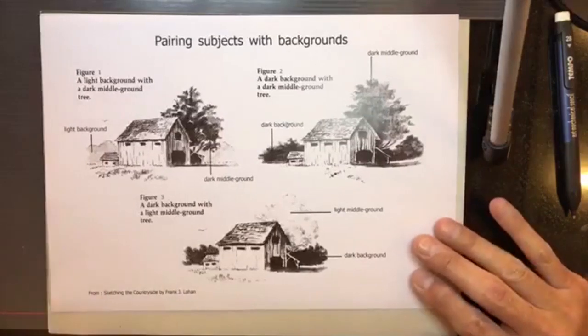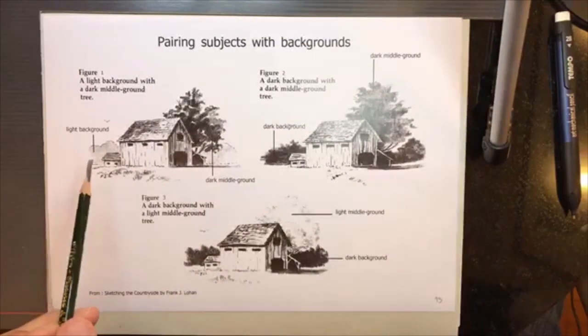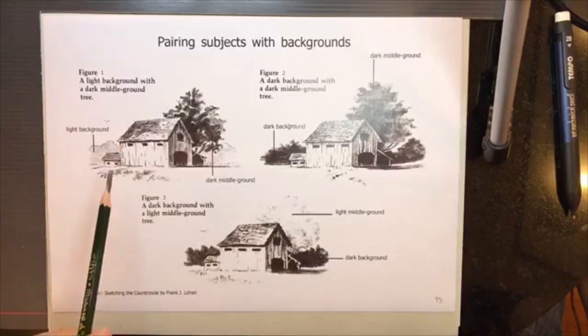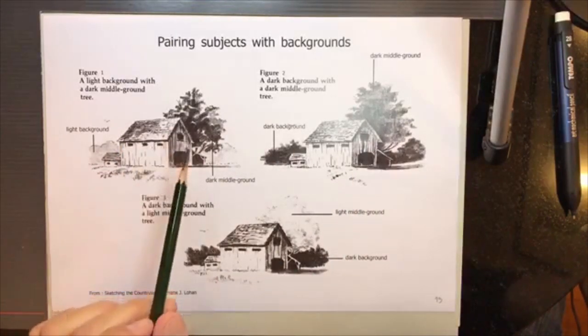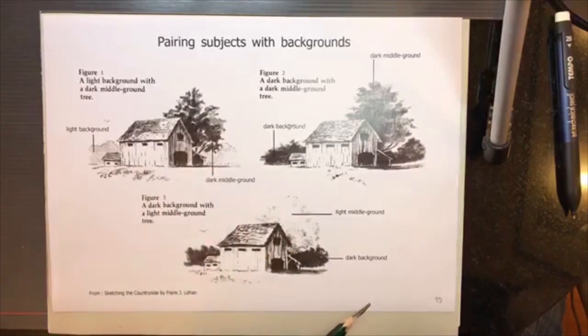This is the sample. The same picture, the same object, right? And we will see the tone of the tree, the value of the house different. It can make the picture different, and the focal point of the picture is different too.